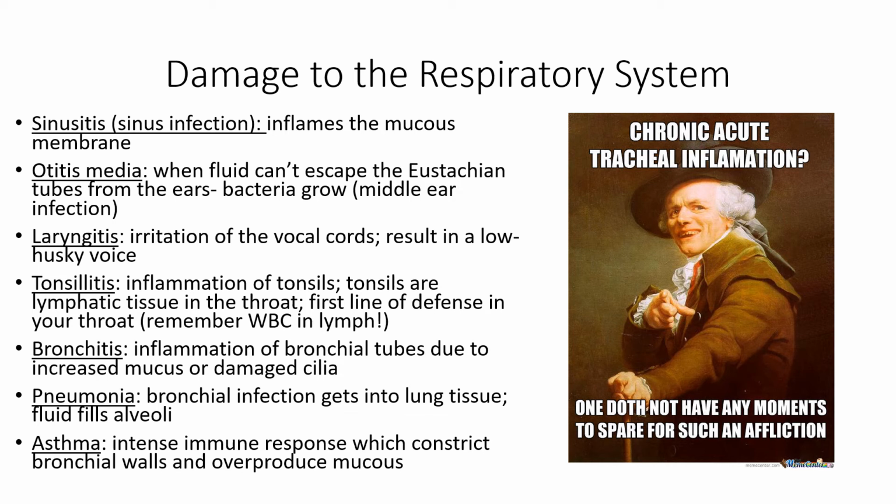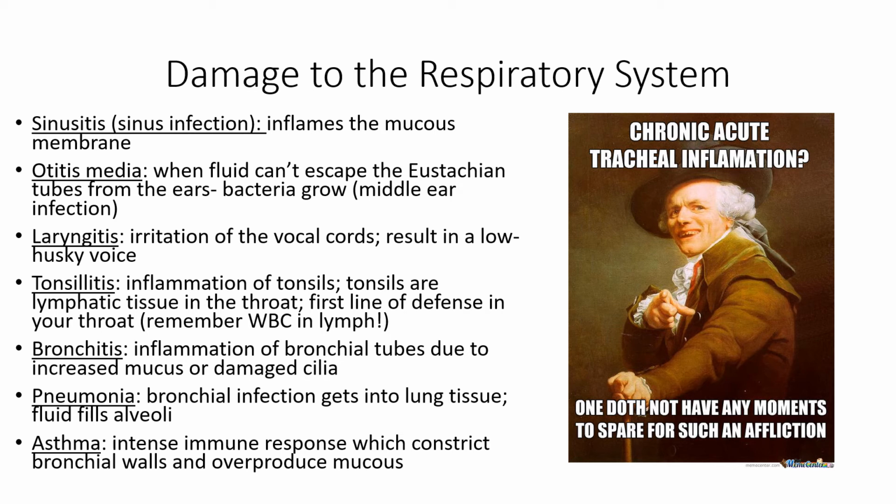Bronchitis, which of course nobody has time for, is an inflammation of the bronchial tubes due to increased mucus or damaged cilia. Pneumonia is a bronchial infection that gets into your lung tissue. If you've ever heard of pneumonia or double pneumonia, it is just talking about whether it went into one lung or into both.